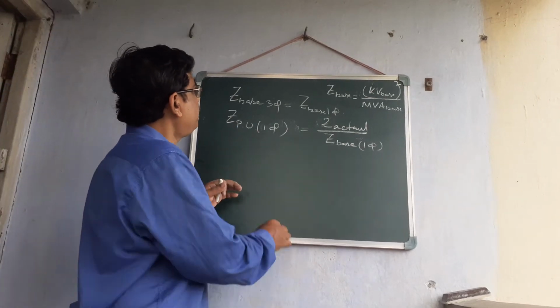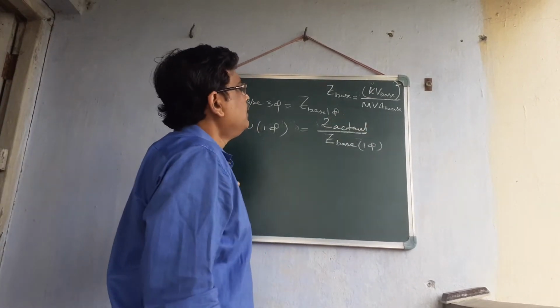Per unit, we know, equals actual by base.